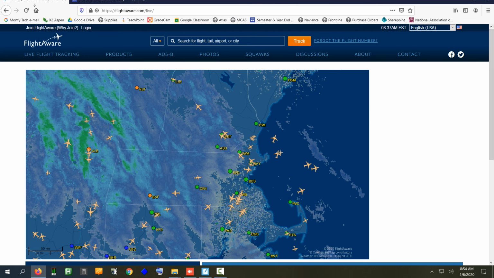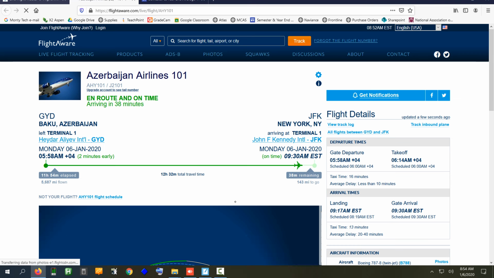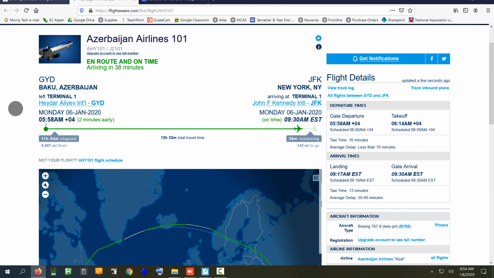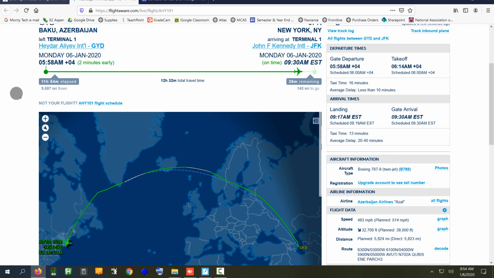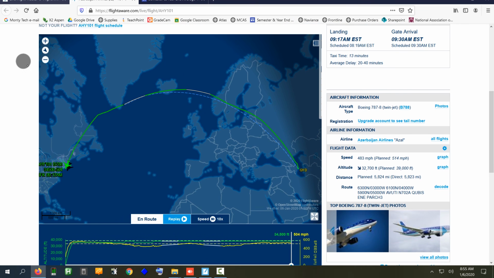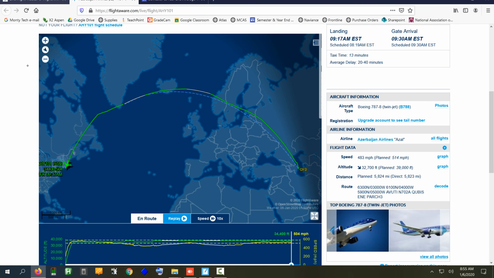But if we click on one of these planes, so we can see where it's going, but what I want to look at is over on the right-hand side. Okay, there's the speed of the plane, 483 miles an hour. So that's the magnitude part. And then the direction, well, the direction is kind of summarized by this route, right?